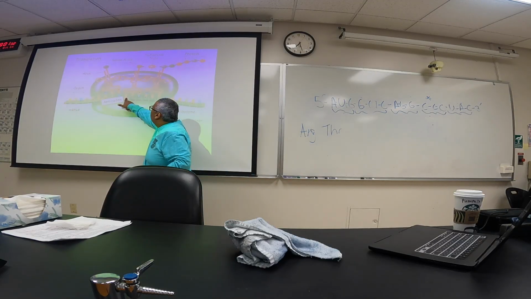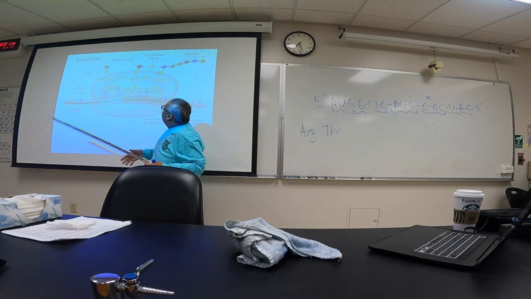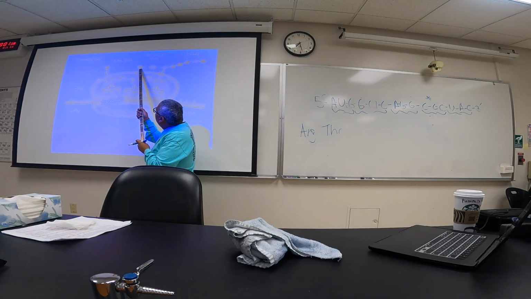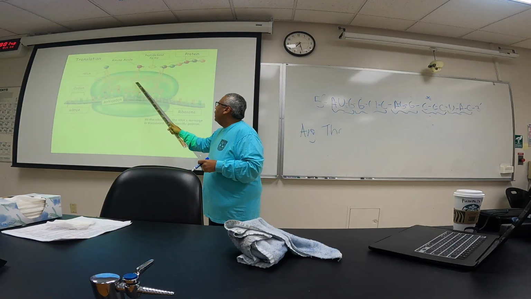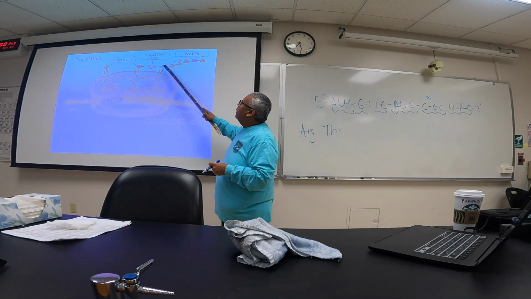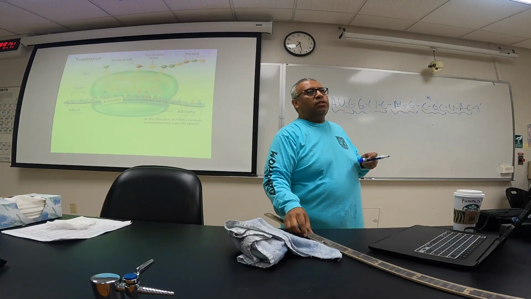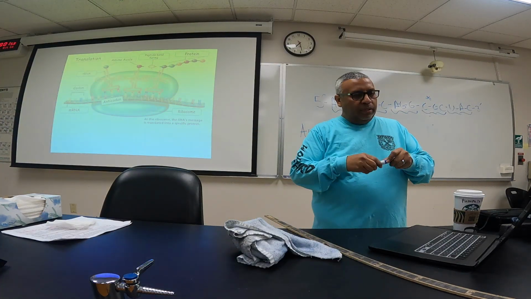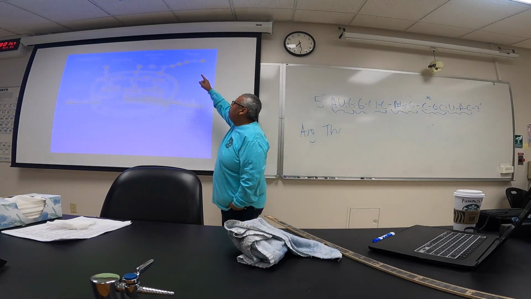So the anticodon to CGU is GCA because of complementary base pairing, and there it is, and this little red ball here is arginine. So this transfer RNA is next to this transfer RNA, and the ribosomal RNA is going to hold these together until that dehydration occurs, right? And we build that peptide bond in order to form that protein.